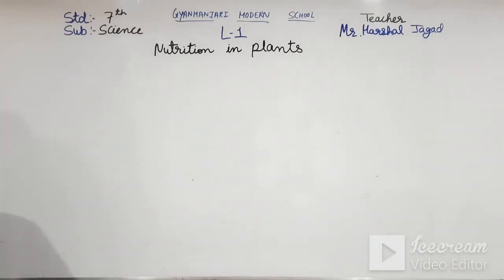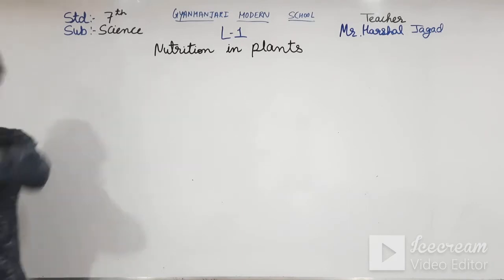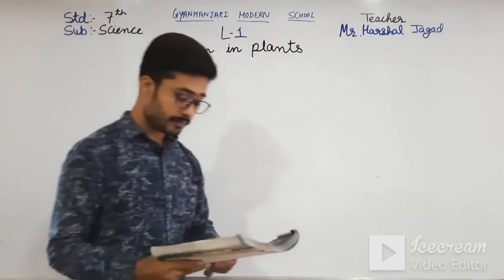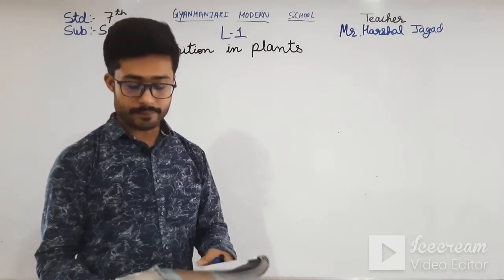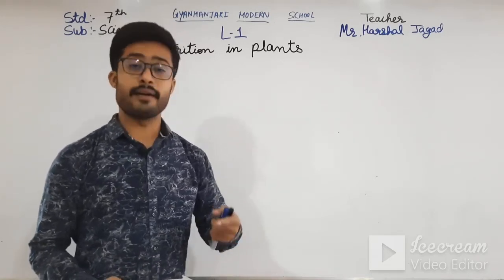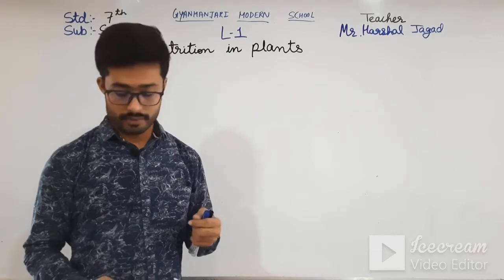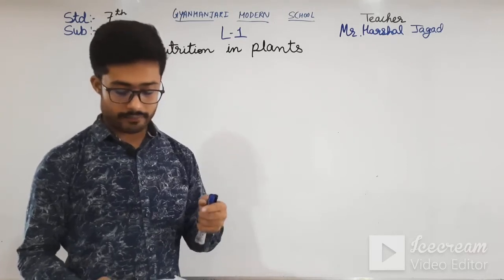Now, in the autotrophic nutrition, we have seen earlier how animals depend upon plants and other animals for food. How do plants get their food?